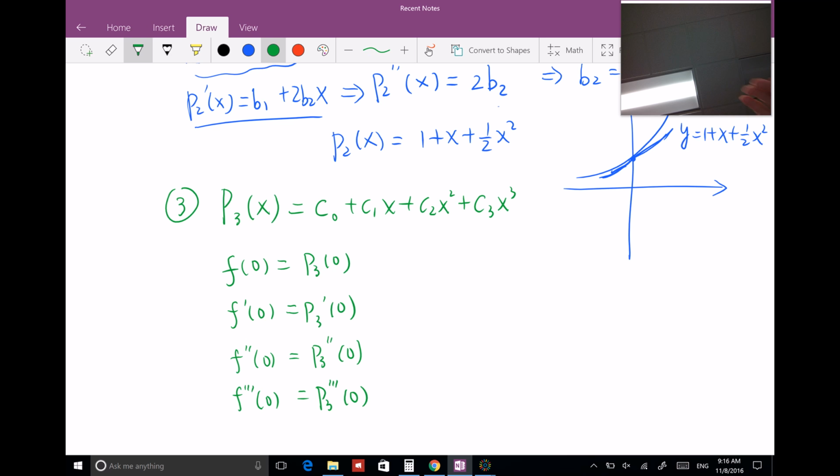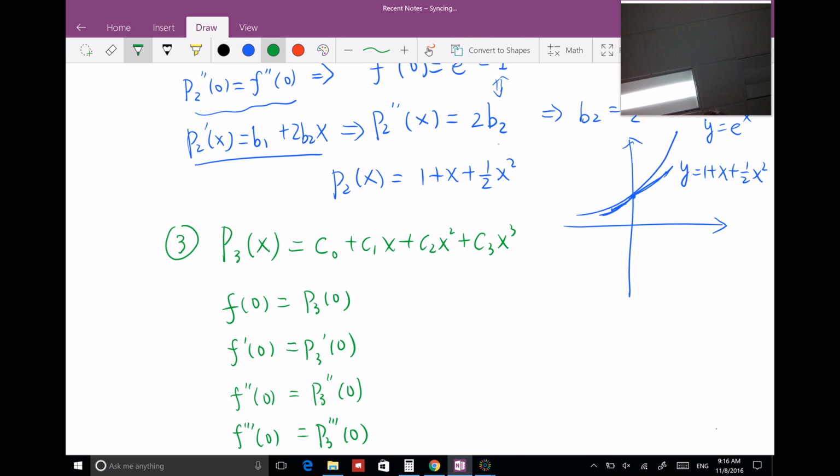Okay, basically what that means is find the third degree polynomial.